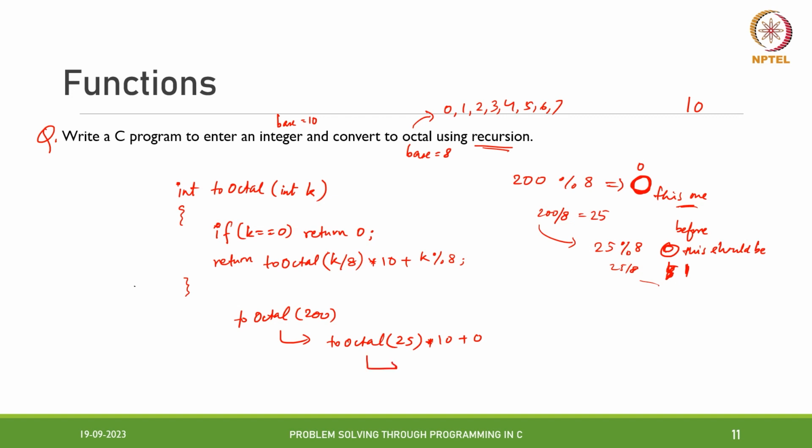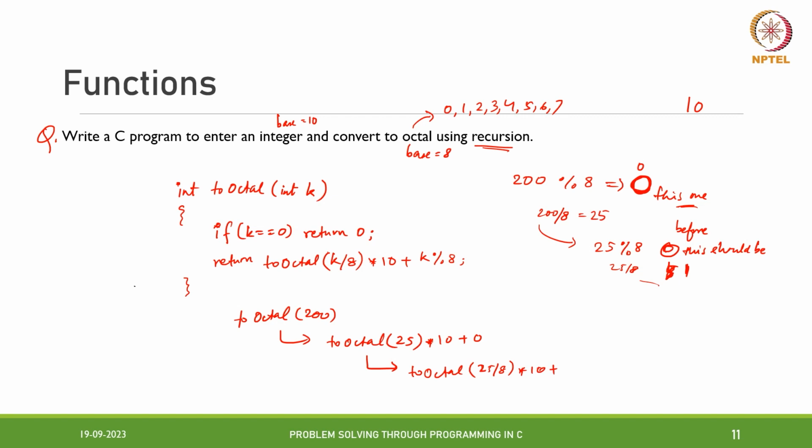Now this to_octal, what it will do, it will again do 25 by 8. So it is not 0, so it will not return 0, rather it will call to_octal of k by 8, which is 25 by 8, multiplied by 10 plus k % 8.